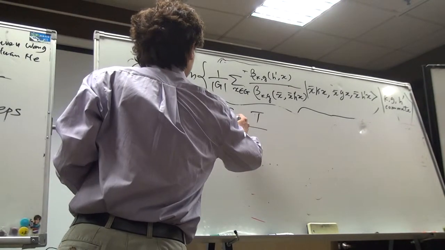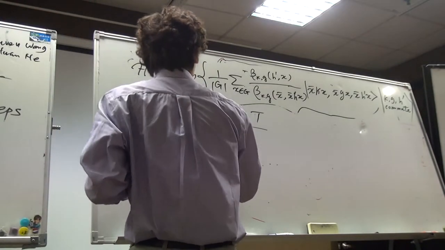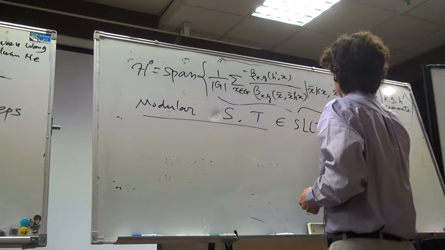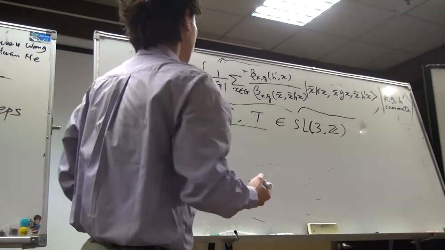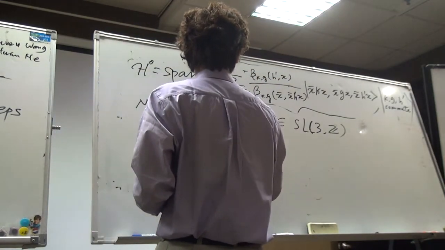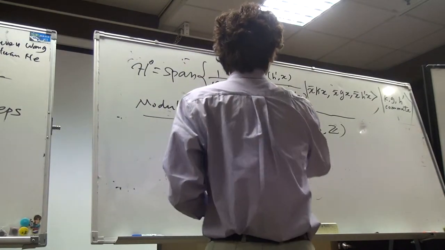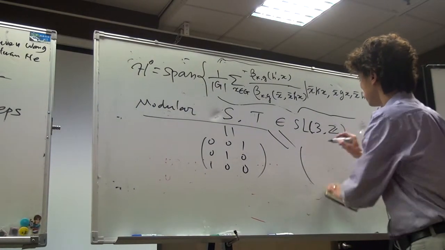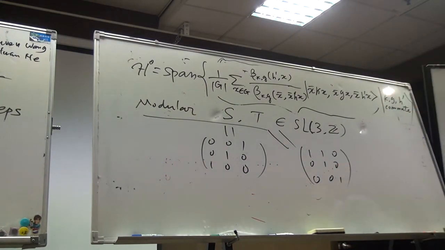So we have to find out what the S and T matrices are in this three-dimensional model. And because we are now in 3 dimensions, these S and T will be elements of SL(3,Z), instead of SL(2,Z). This S will be this, and the T would be this.